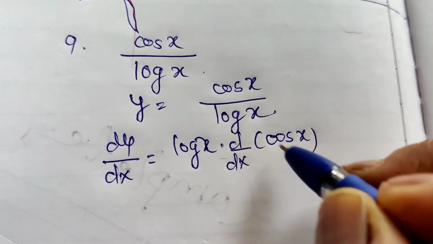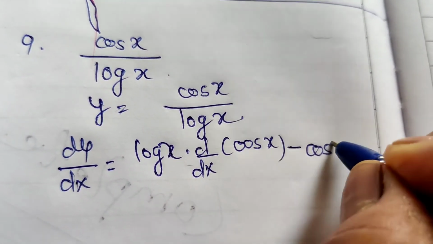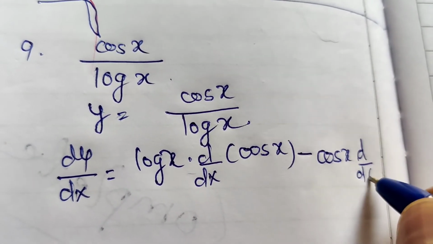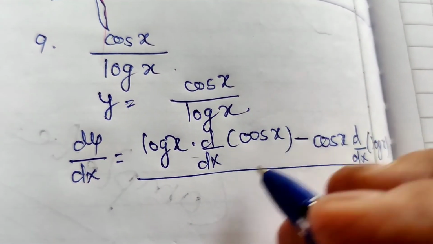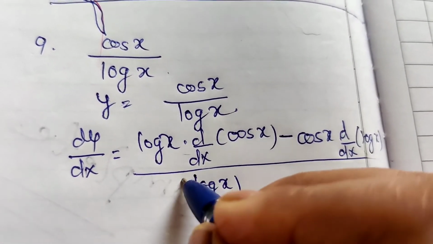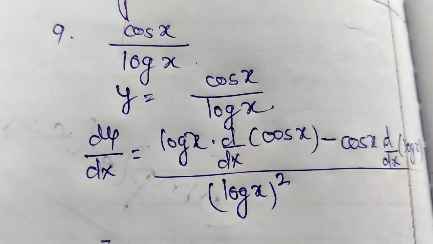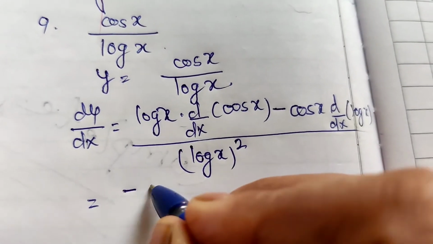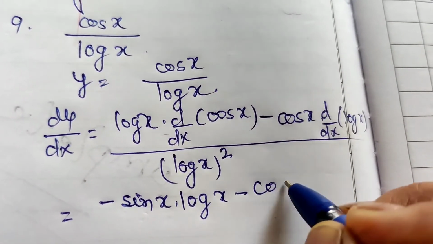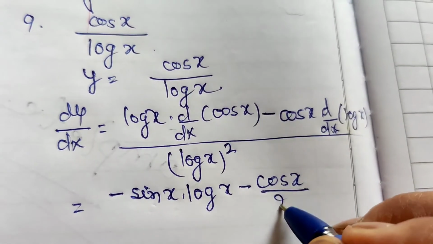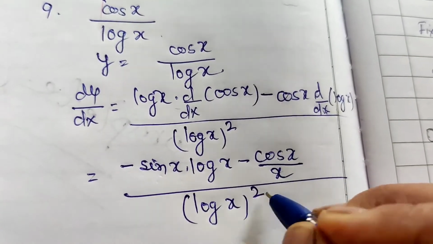It means the same formula: denominator into differentiation of numerator minus numerator into differentiation of denominator, and log x whole square. Okay, log x whole square. Differentiation of cos x is minus sin x into log x minus cos x, and differentiation of log x equal to 1 by x, and it is log x whole square.